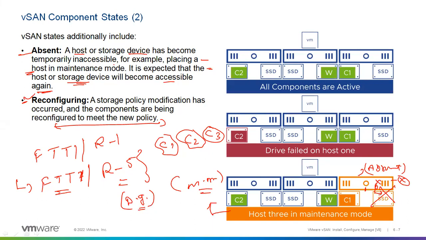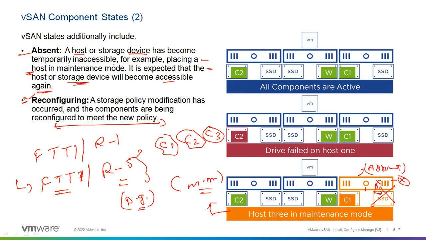Just allow me a few more minutes, because the next upcoming slide is answering that. But just for your understanding, an absent component is intentionally down for some time. That's not an actual failure. Degraded is a realistic failure of the hardware component.